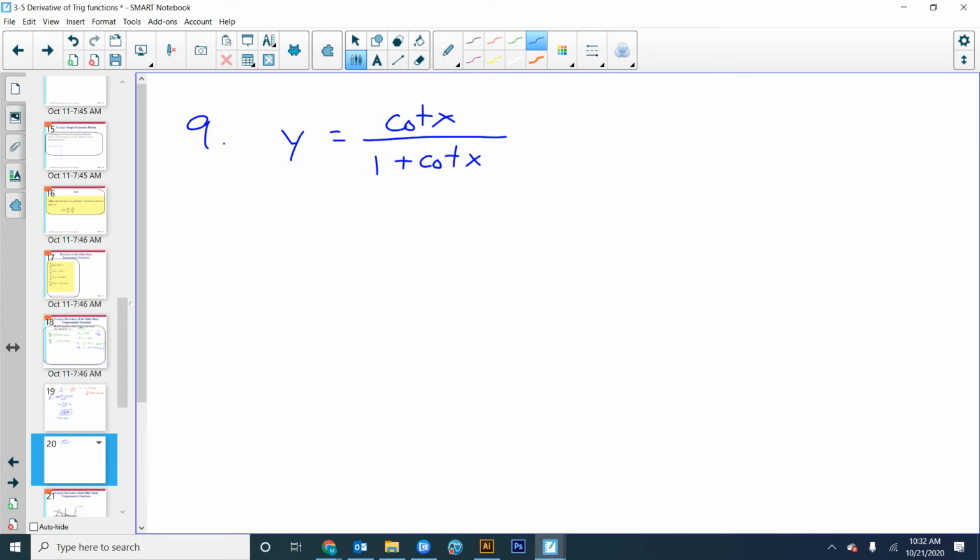Okay? If you're ever not sure about that, make yourself up a little simple problem, like maybe 3 over 3 plus 9. Okay? What do you know is the correct answer here? 3 over 12, which reduces to 1/4, right?